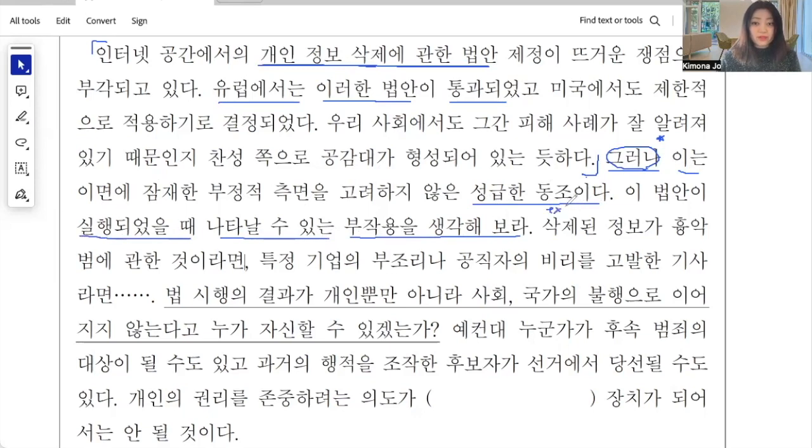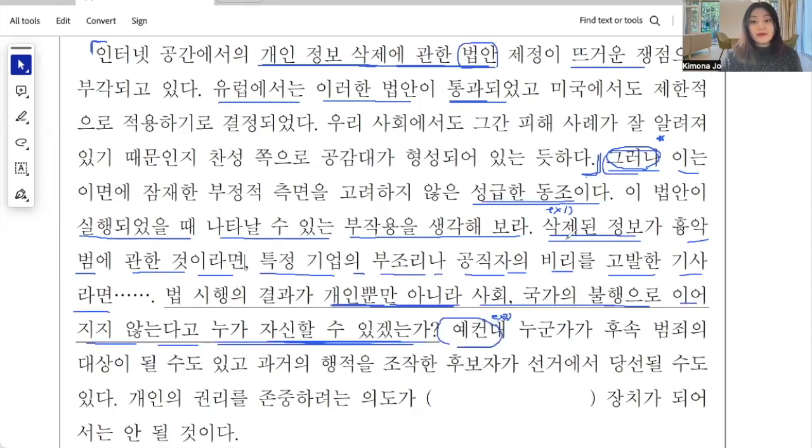The writer gave an example, example 1. What if the removed information is about a vicious criminal? Another example, and these are the supporting sentences that support his argument that deleting personal information might not be a good idea.